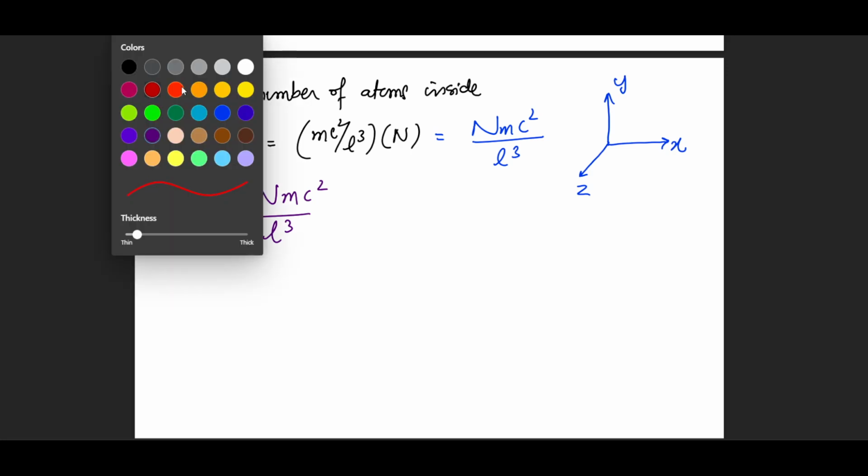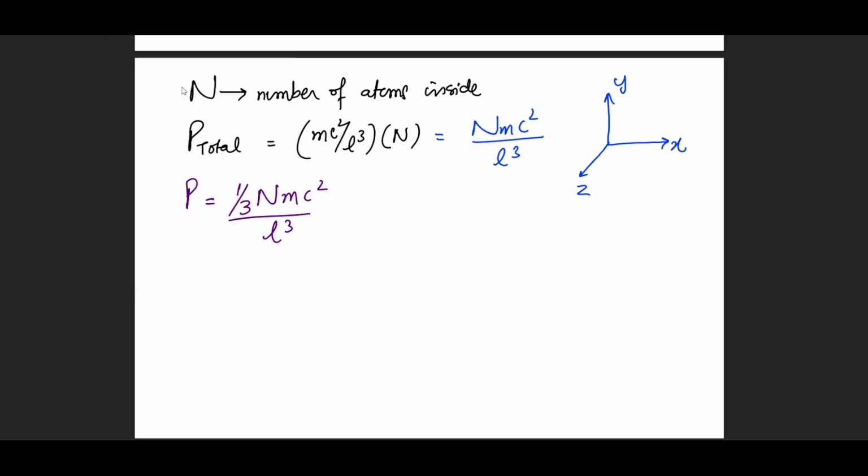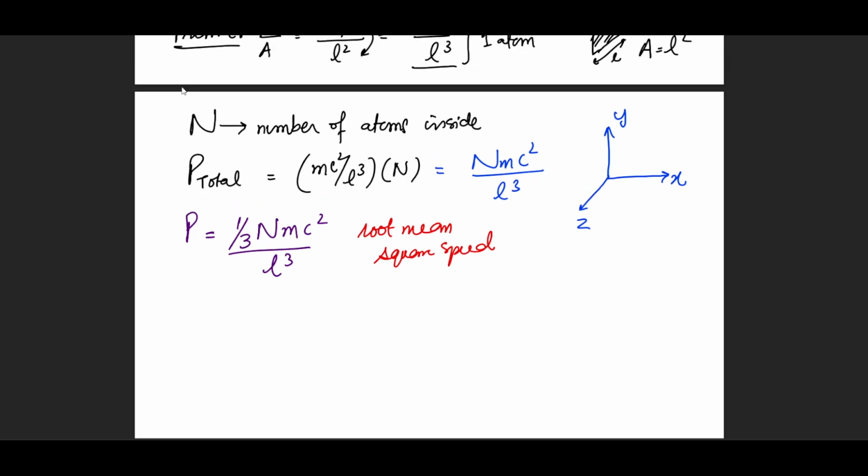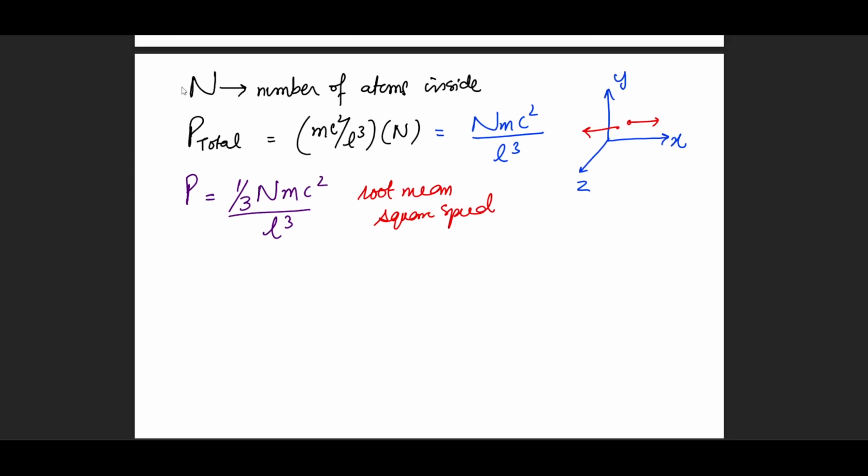One more addition of a variable over here would be the root mean square speed. Basically, we are trying to avoid the idea that the molecule could be moving towards the right side or towards the left side. Whatever the velocity may be, we will take a square of it, right?